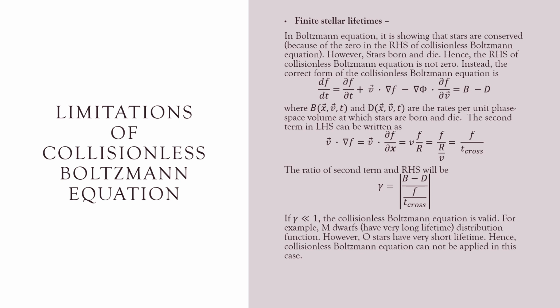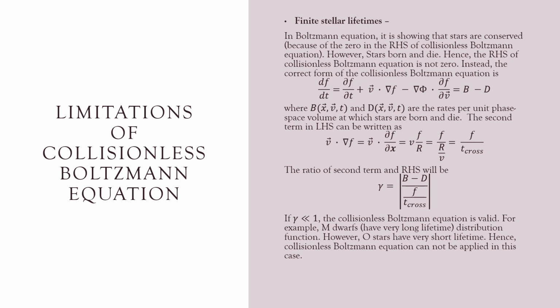Now, let's explore a critical aspect often overlooked in the application of the collisionless Boltzmann equation: the finite lifetimes of stars. In the traditional formulation of the Boltzmann equation, it assumes that stars are conserved, hence resulting in a zero term on the right-hand side of the equation.